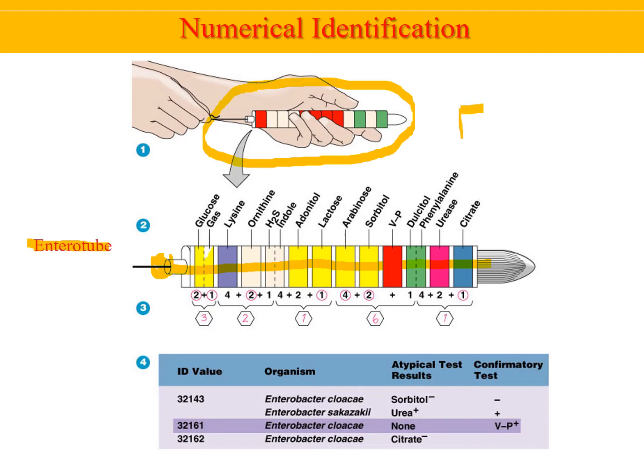Enteric refers to organisms that grow in the gut, and typically, not all of them, but many are gram-negative enteric. Most enteric organisms are gram-negative bacteria and belong to one of the genera I just listed on the previous page that are in the family Enterobacteriaceae.